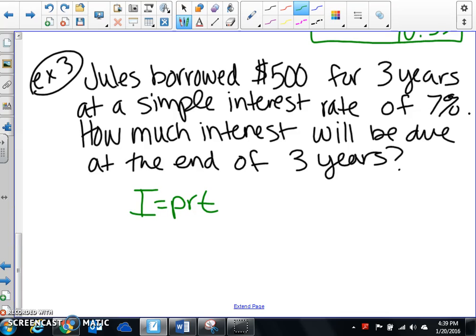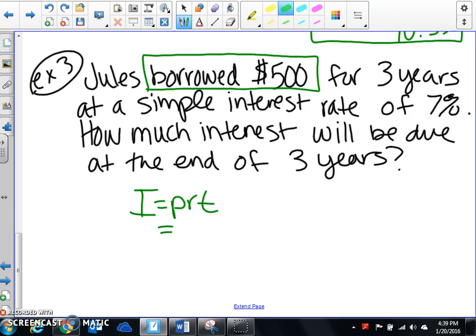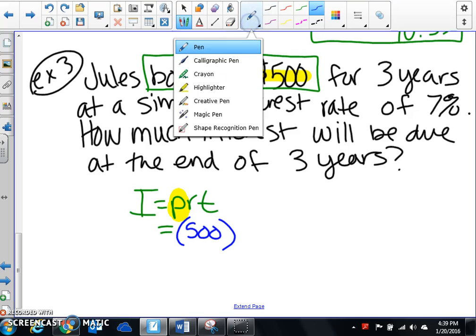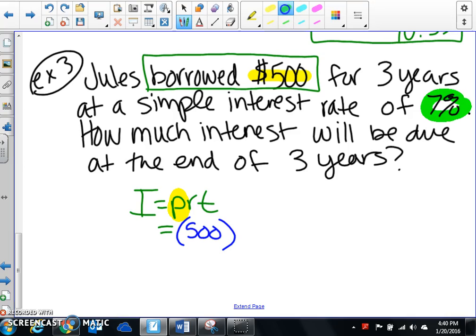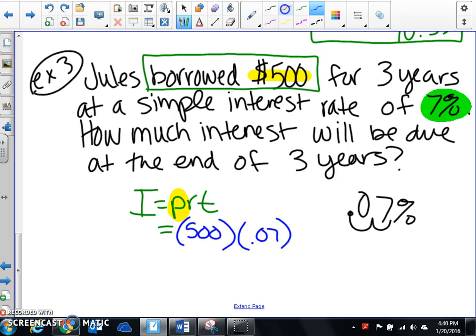So now we actually have to find our information. The P is our principal, how much was borrowed. So borrowed $500, so my P is 500. So I'm going to plug in 500. My rate, remember the rate's always a percentage, so I dig through here, and here we go. It's 7%. I take that 7% and make it into a decimal, so that's 0.07.